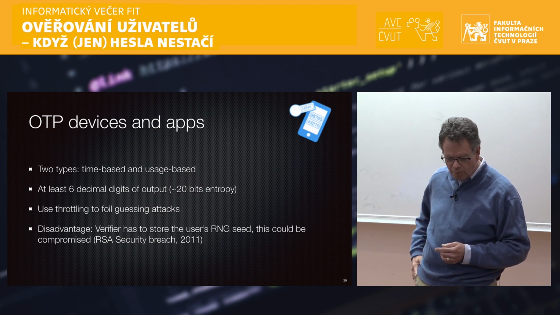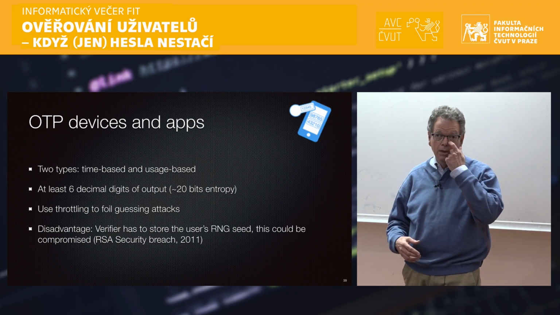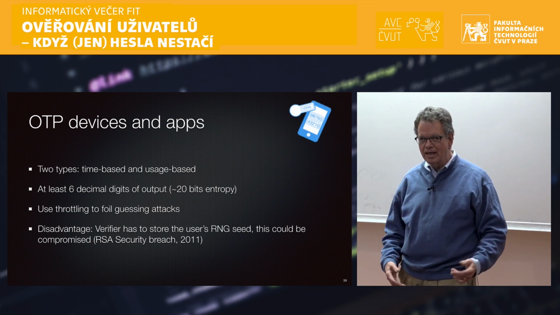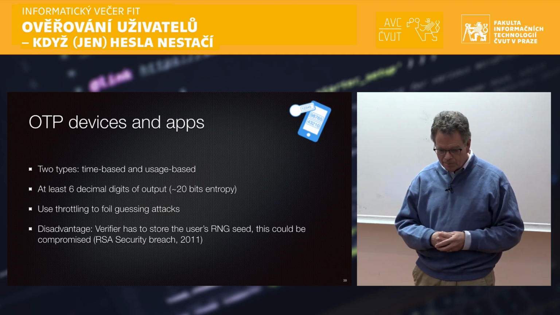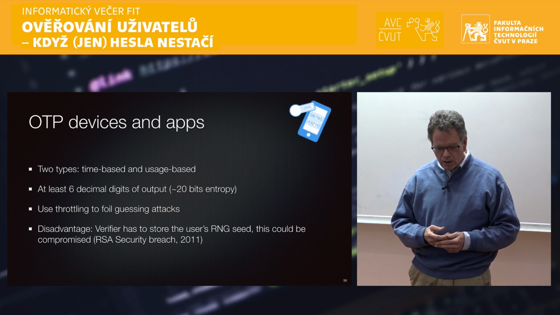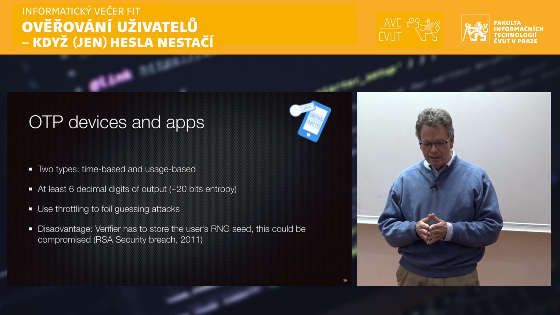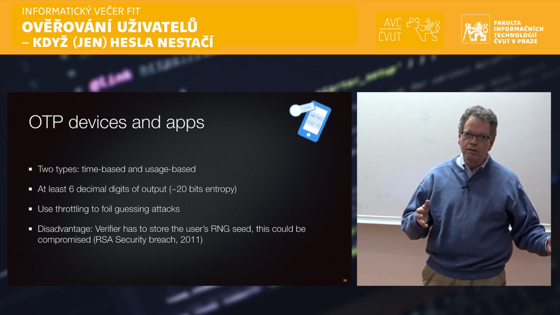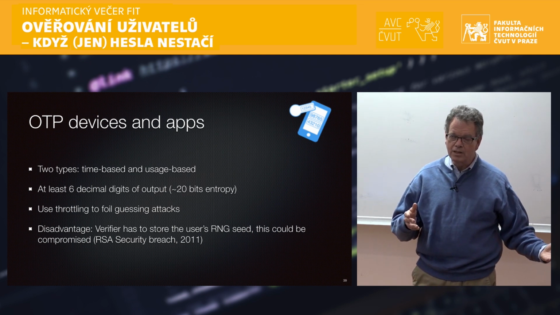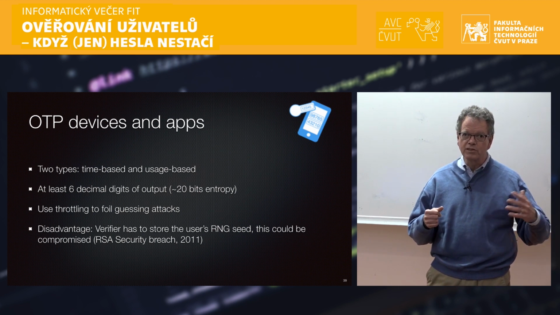When you're doing this, you probably want to limit the amount of guessing that people can do. So if they make a bad guess, you want to make them wait a little bit before they're allowed to guess again. So generally a pretty good approach. The difficulty is that the verifier that's checking this one-time password has to have the same, what we refer to as a symmetric secret.